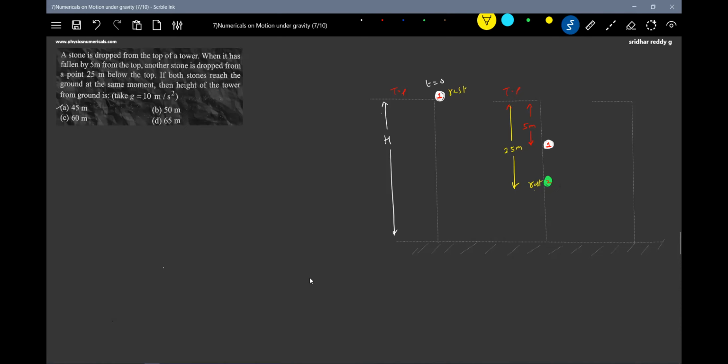Both the stones reach the ground at the same moment.